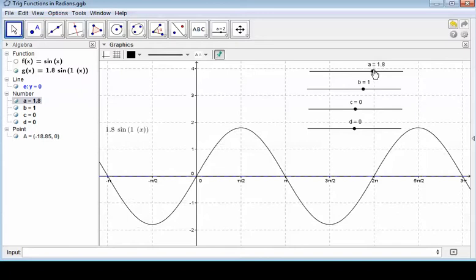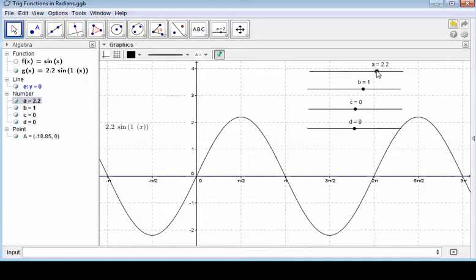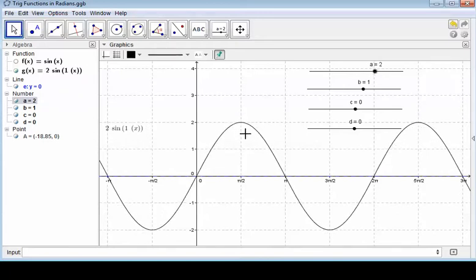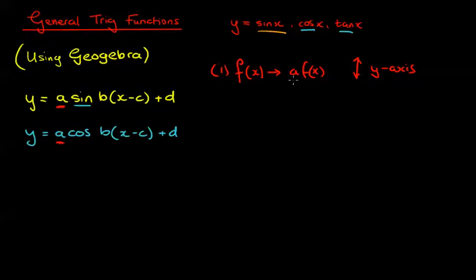If I change it, you can see it's growing, and when I change it to 2, the height of it has changed to 2, and it's 2 below as well. It's 2 above the principal axis and 2 below the principal axis. So what this A does is it controls the amplitude of the function.